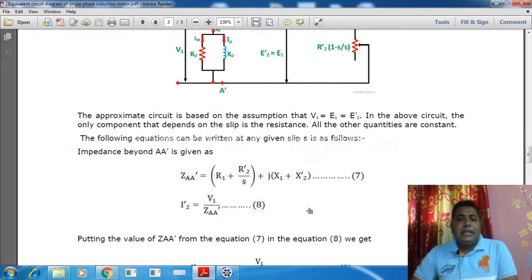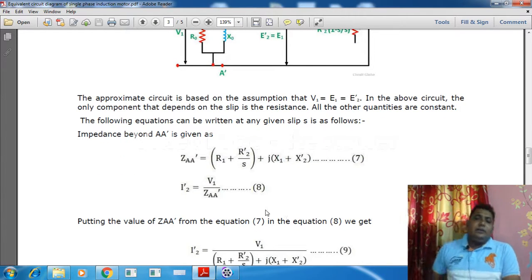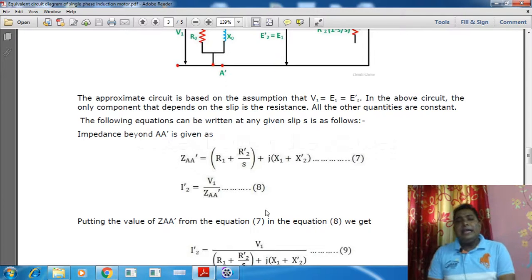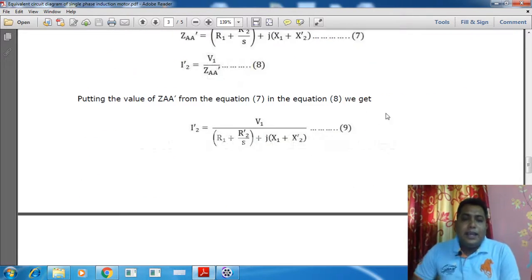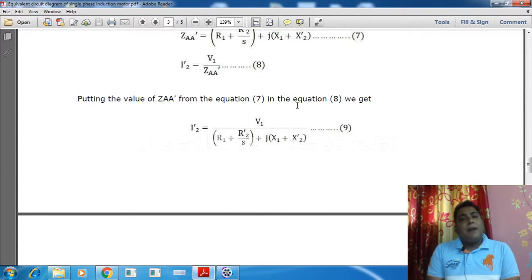Putting the value of Z01 bar from equation 7 into equation 8, we get I2 bar equal to V1 by R1 plus R2 bar by S plus j X1 plus X2 bar. This is the current equation we get when we consider the values referred from the secondary, that means from the rotor side to the stator side.